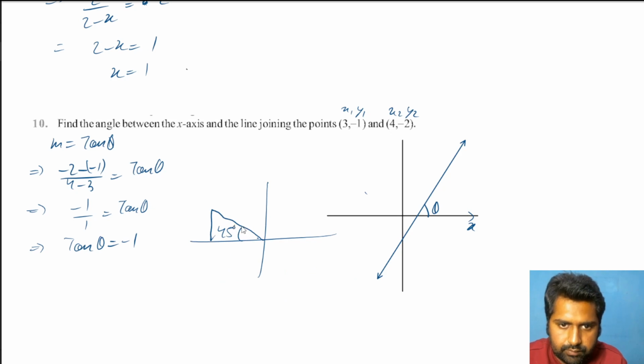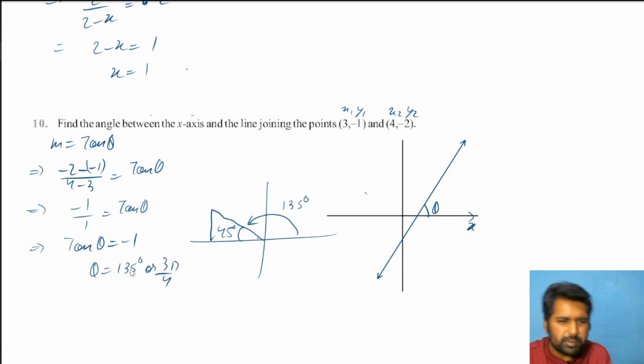Okay. And now you measure it with positive x-axis. That's 135 degree. So theta is 135 degree or 3 pi by 4. If you want to go through the basics of this, revise the trigonometric equations. I've covered how to get the value of tan, sine, cos for positive as well as negative values.